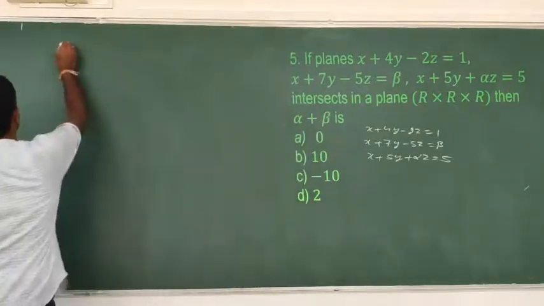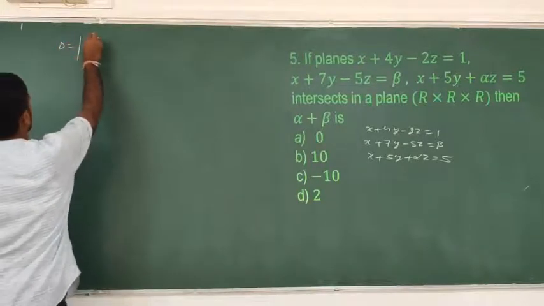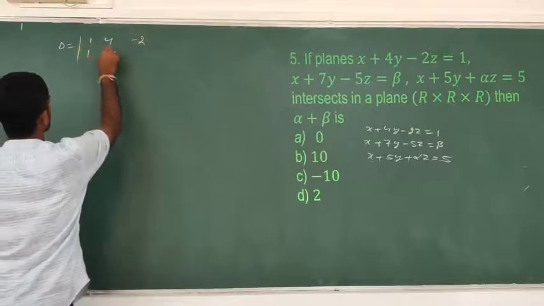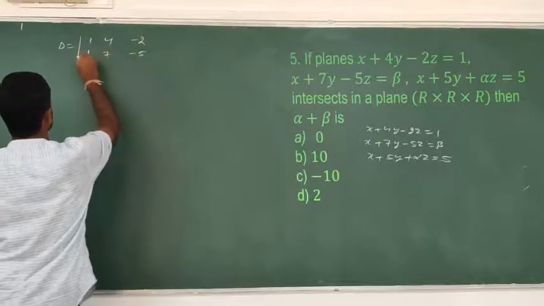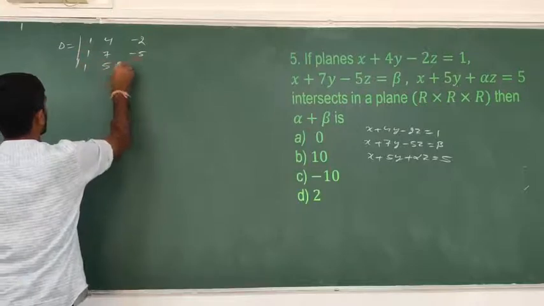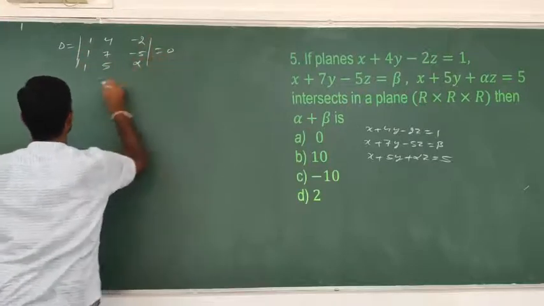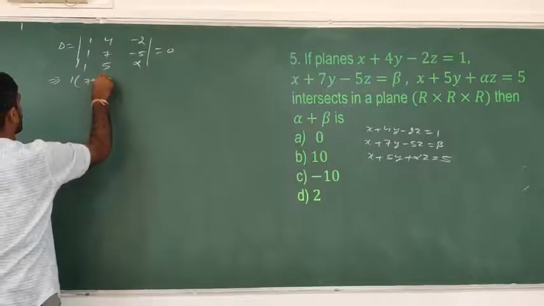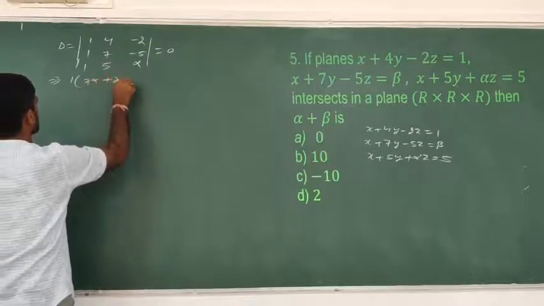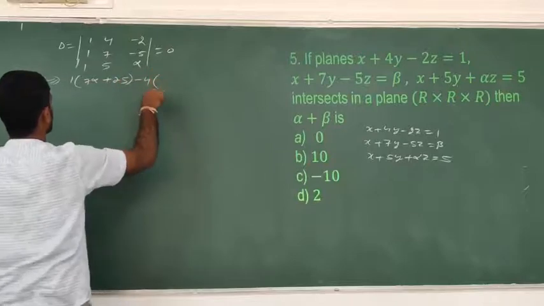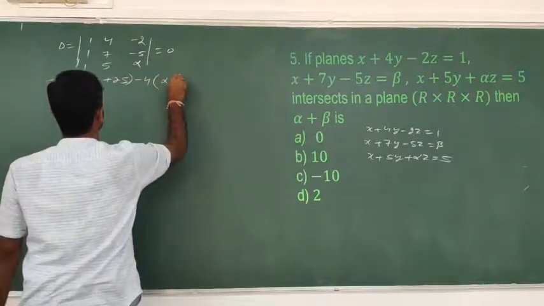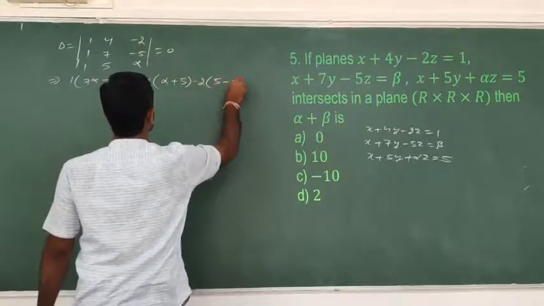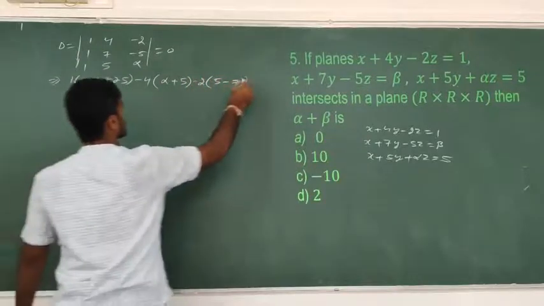First, delta is equal to the determinant of 1 4 minus 2, 1 7 minus 5, and then 1 5 alpha, which is equal to 0. Just simplify this. This implies that 1 into (7 alpha plus 25), minus 4 into (alpha plus 5), minus 2 into (5 minus 7), is equal to 0.